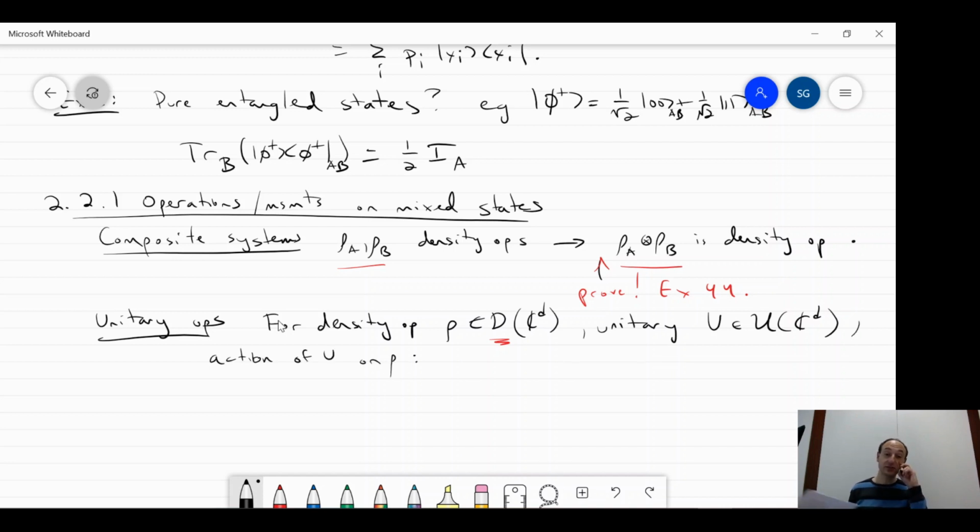Before, remember, we just hit our pure state vector with U. Now it's quite similar, except we have to do it on both sides. So after the evolution, we look like U rho U dagger.